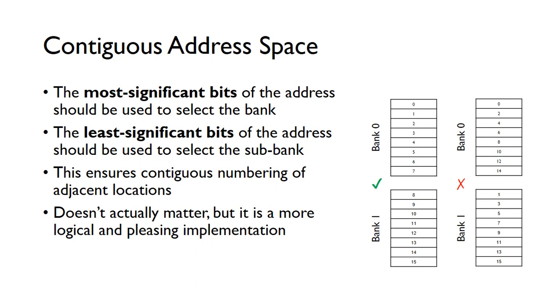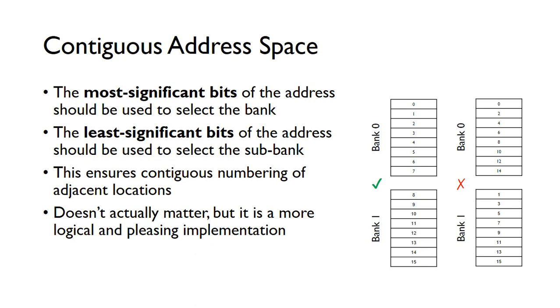This ensures that we end up with a contiguous number of adjacent locations, so the numbering corresponds to the physical location. It doesn't actually matter in the grand scheme of things: whichever order you do it in, each slot in memory will have its own unique address.